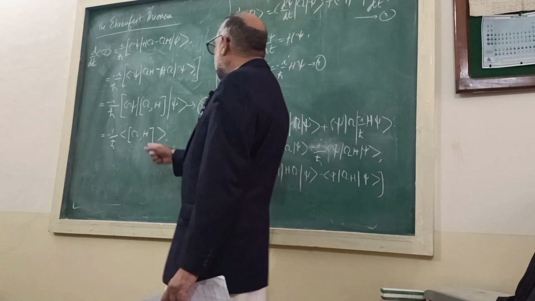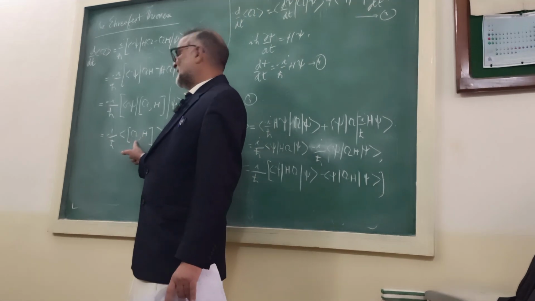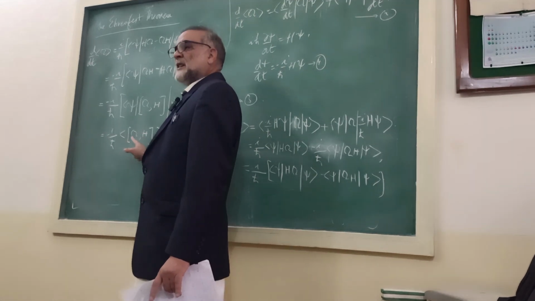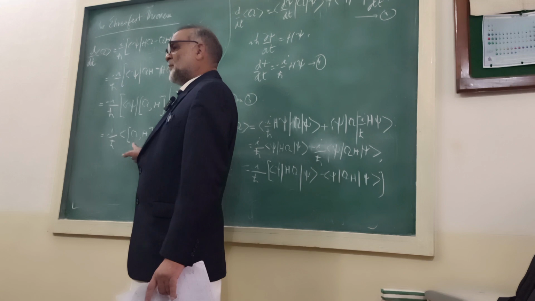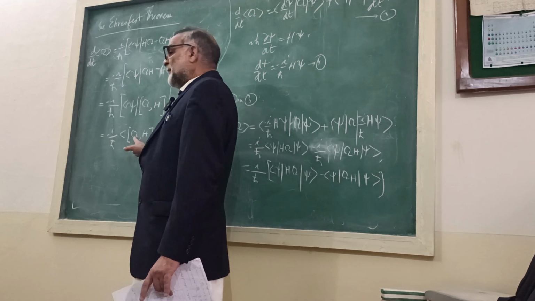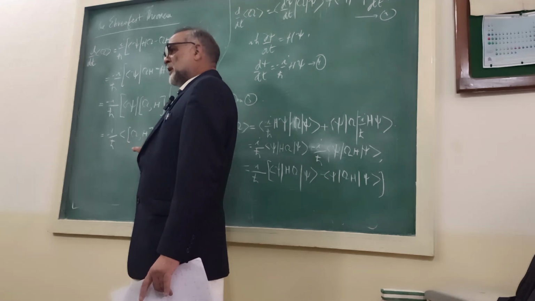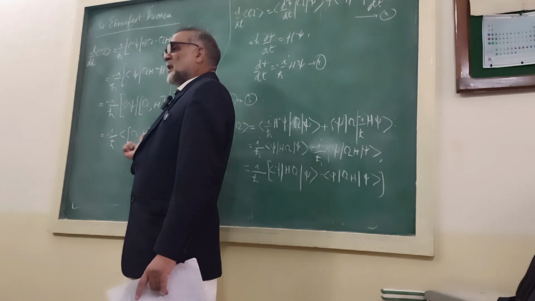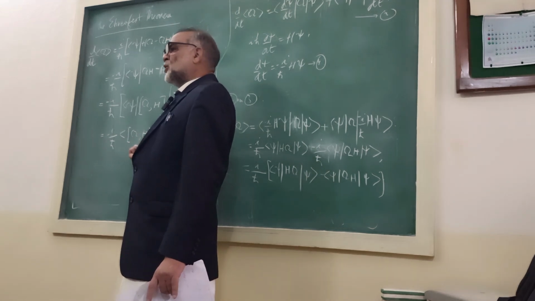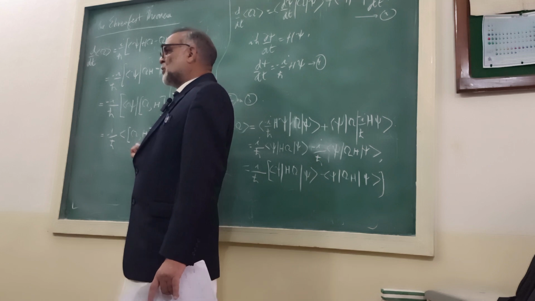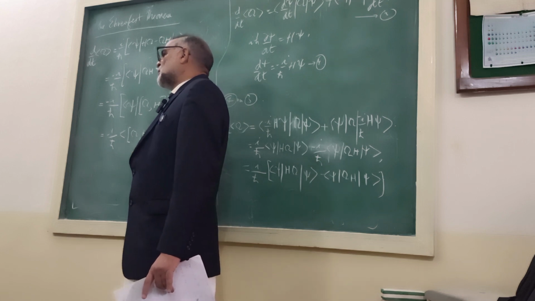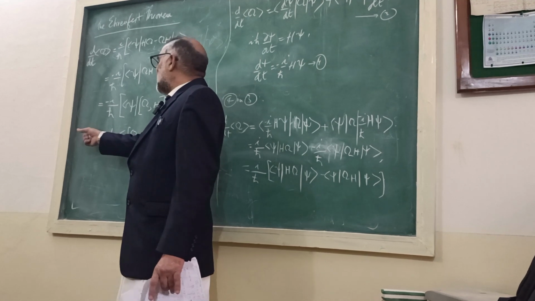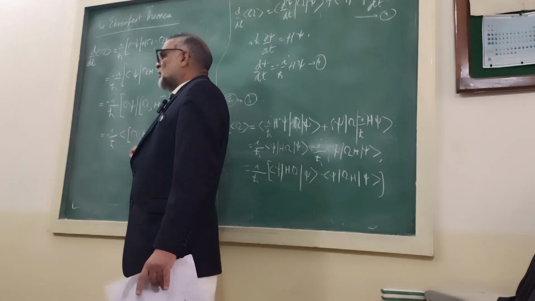Look, we have any observable, whatever observable that is. If that commutes with the Hamiltonian, then omega and H, the commutator, will be equal to 0. If they commute, the commutator will be equal to 0, d omega by dt will be equal to 0.